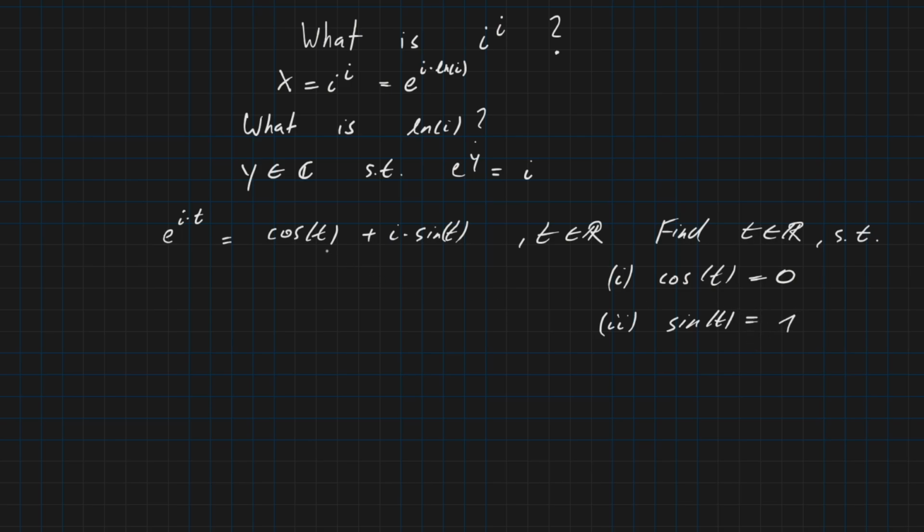Because then the real part of this complex number is 0, and the imaginary part is 1, and that's exactly what we need because we have i.